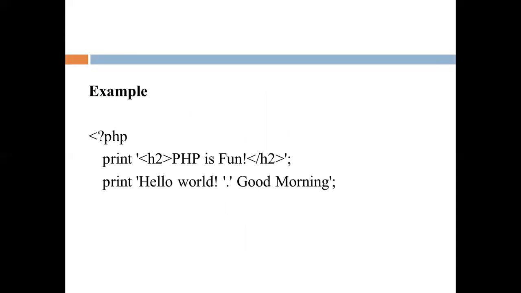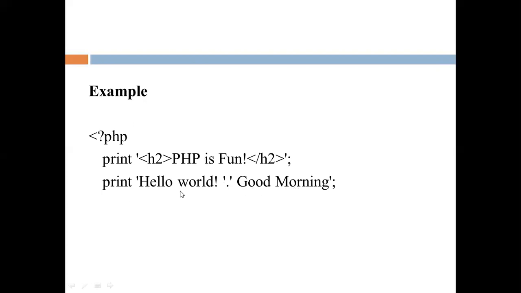Suppose I want to print multiple strings. It is not possible in the case of the print statement, so for that we have to use the concatenation operator. Here the dot symbol shows we are concatenating two strings. My first string is hello world and the second string is good morning.